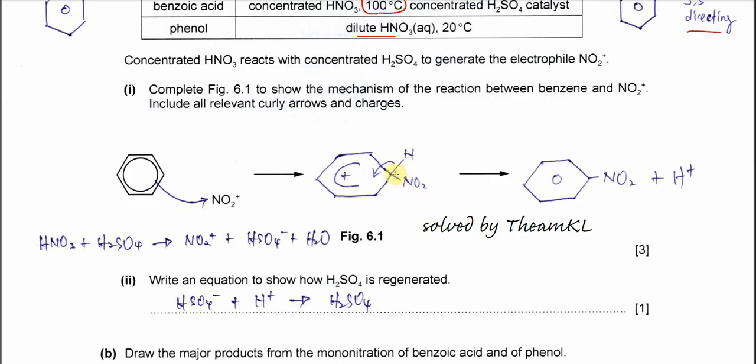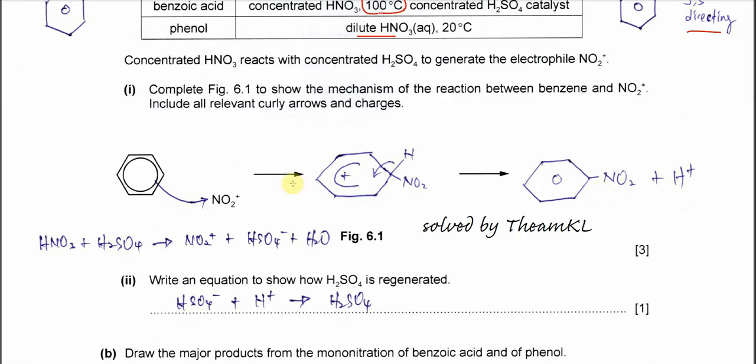After that, you need to draw one arrow from the CH bond to show that this CH bond breaks, and this pair of electrons will move into the ring to restore the benzene ring. So eventually the hydrogen ion will be removed and the nitrobenzene will form.